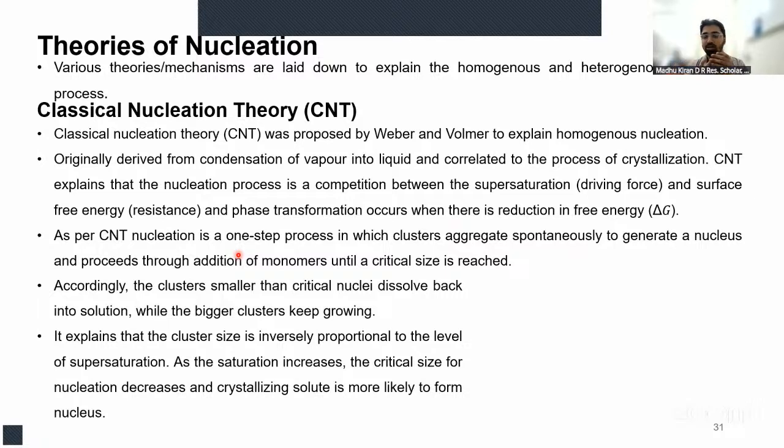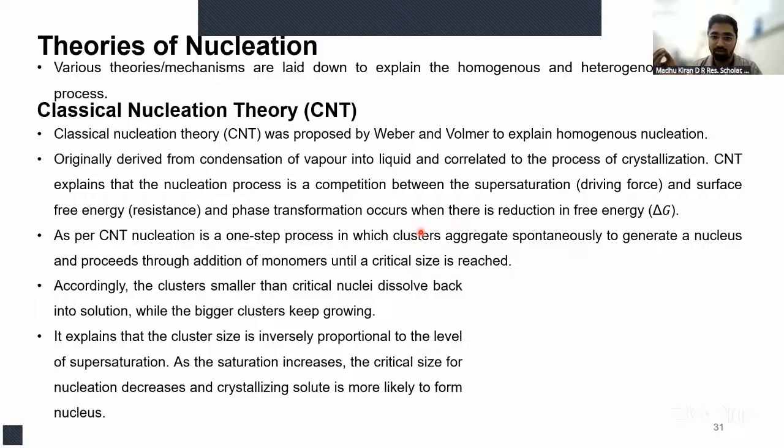Critical size is the size above which the crystal growth happens. It's like a cutoff size for calling a particular cluster a nucleus, because right now we are calling them clusters. In order to call these clusters nuclei, they have to reach one particular size, the critical size.